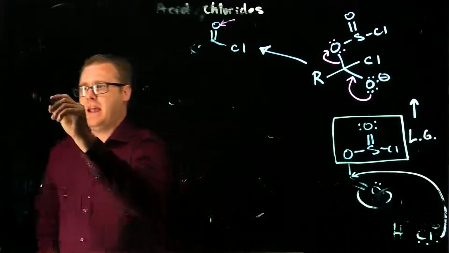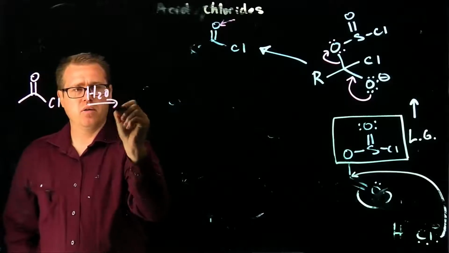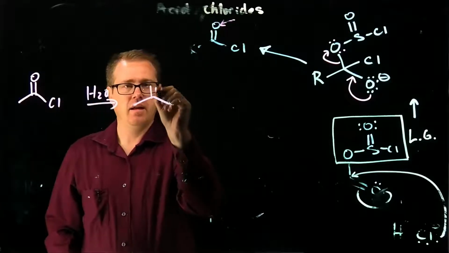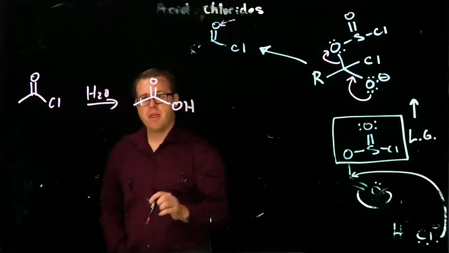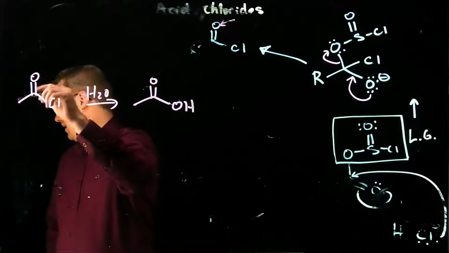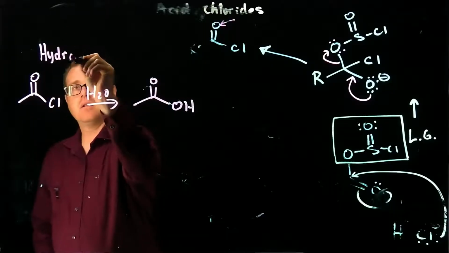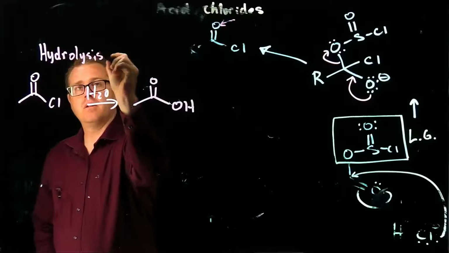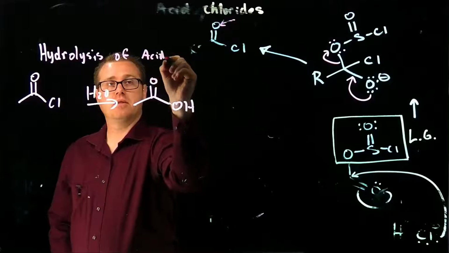You take an acid chloride, treat it with water. What do we get? We get a carboxylic acid, right? That reaction is simply called a hydrolysis. Hydrolysis of acid chlorides.